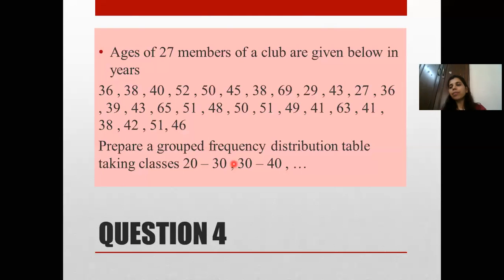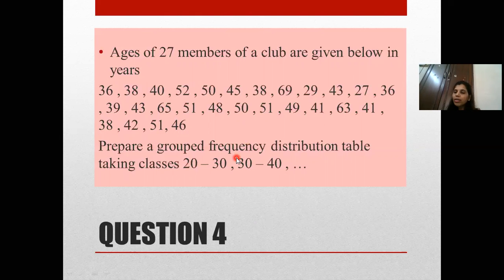And you have to remember, whenever you're preparing a frequency distribution table for continuous class intervals, though it is written 20 to 30, it is ending at 29. So if you have 30, for example, you have to place it in the class interval where it is starting with 30.